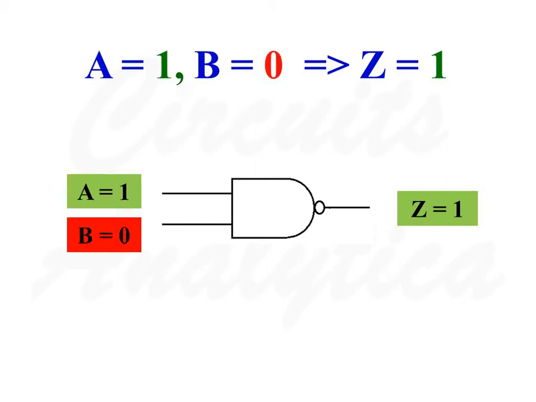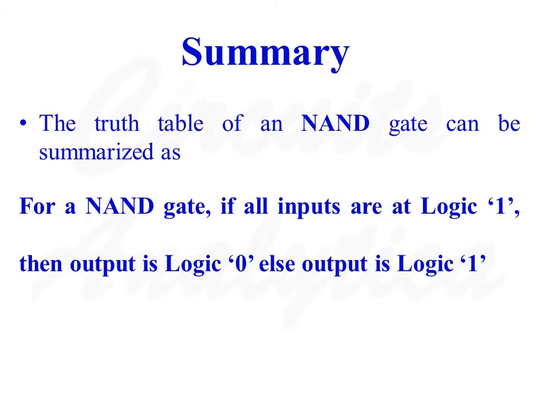If A is equal to 1 and B is equal to 0, Z is equal to 1. And if both inputs are 1, then Z is equal to 0. So we can summarize the truth table of a NAND gate as: for a NAND gate, if all inputs are at logic 1, then output is logic 0, else output is logic 1.